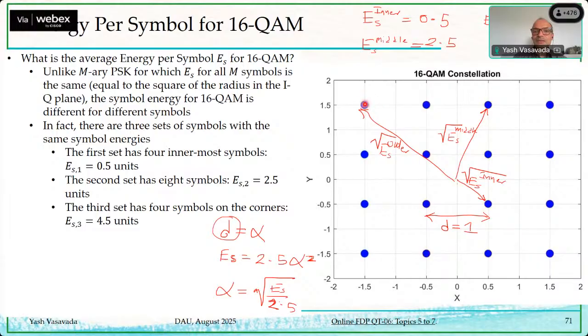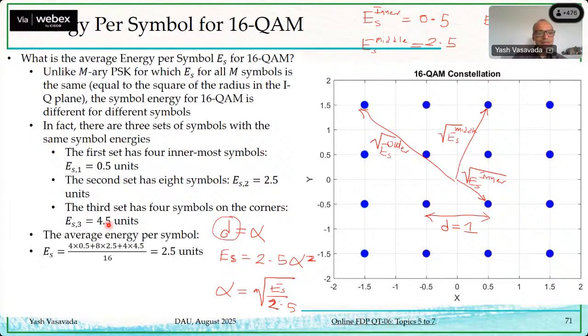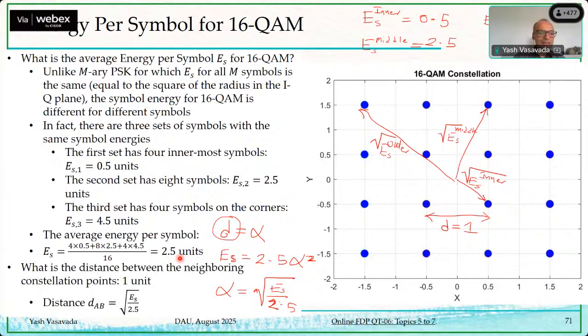Because the coordinates are 1.5 units away. So 1.5 squared is 2.25, times 2 becomes 4.5. And so the average energy per symbol, if you just plug in the math, turns out to be 2.5 units, which means that in general, the distance between two consecutive points for 16-QAM is the square root of Es divided by 2.5.